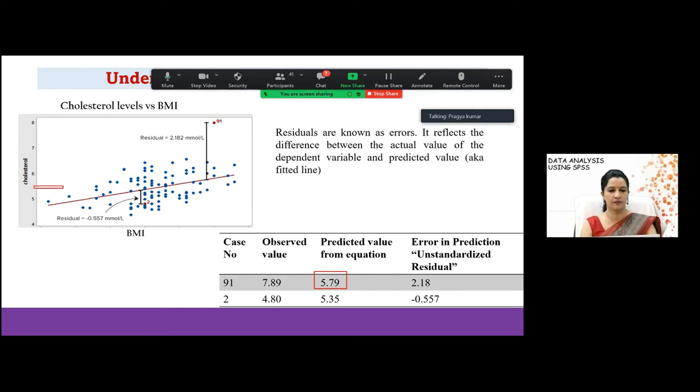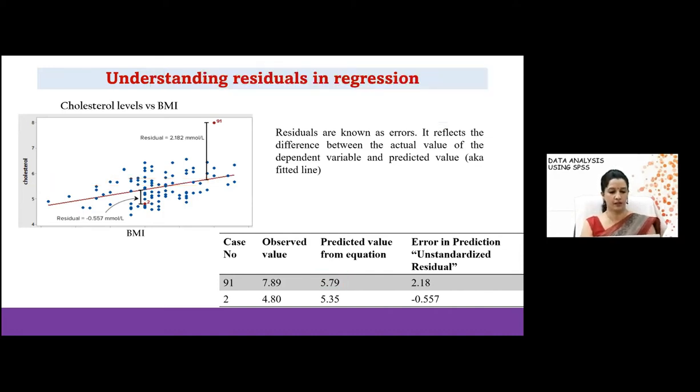So this, if I draw a straight line, sorry, it is a rectangle, but if you can see that it is the corresponding value here in the y-axis. So if I draw a line from this predicted value to the y-axis, then this is the predicted value from the equation.